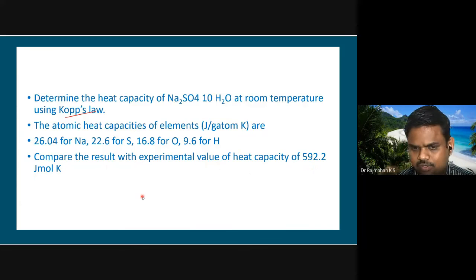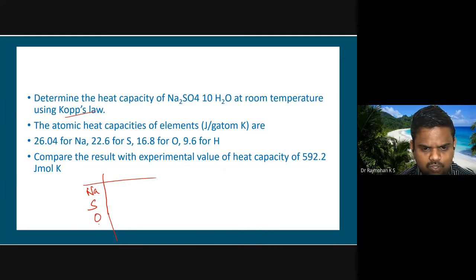Will you try to solve it? We can make a table: Na, S, O, H. How many are there? 2 Na atoms, S is 1, O is 10 plus 4, that is 14.